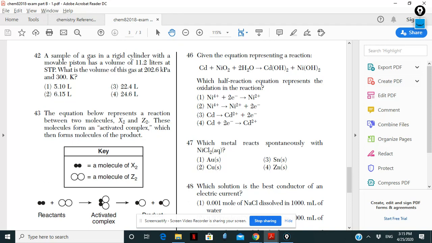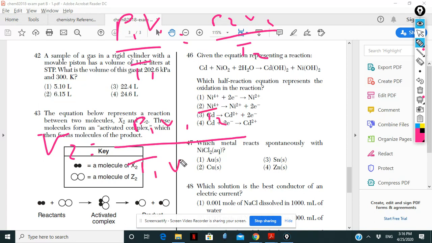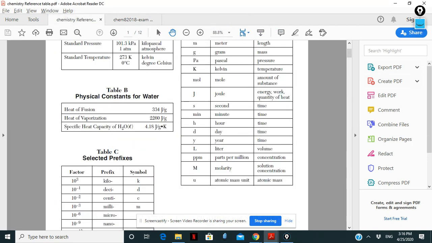So I'm using the combined gas law, P1 V1 over T1 equals P2 V2 over T2. Now he wants the second volume. So V2 equals P1 V1 T2 divided by T1 P2.